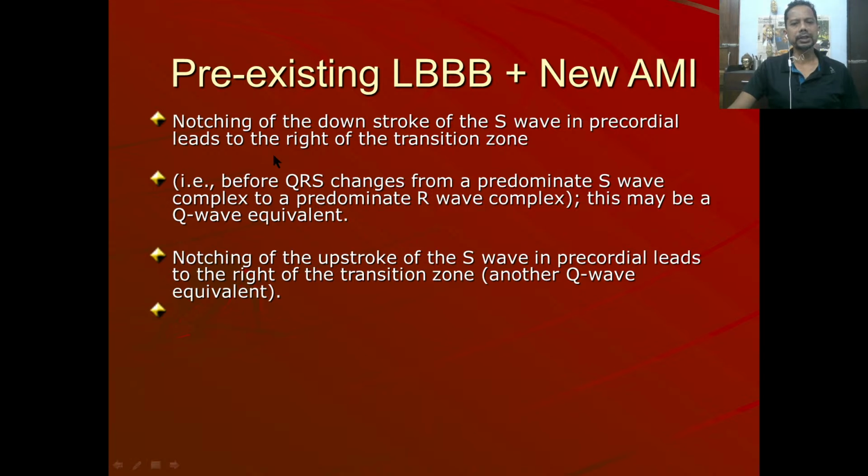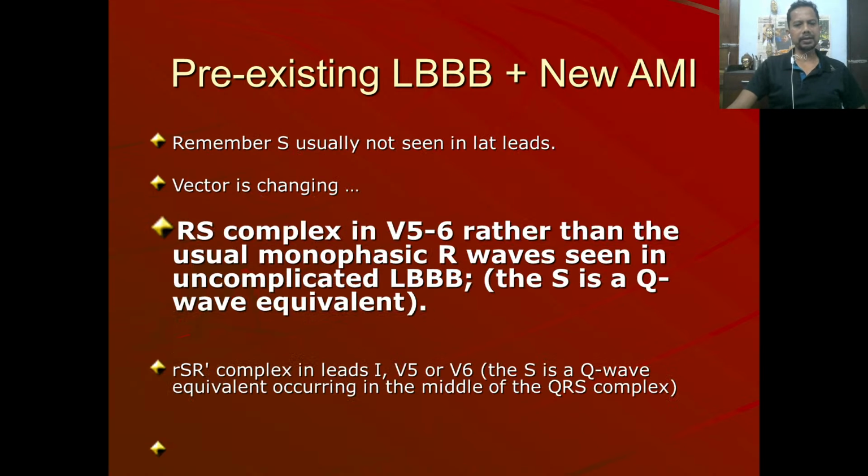So there can be notching on the downstroke of the S wave, on the upstroke of the S wave, which are Q wave equivalents. Okay. And this is very important. Also remember that S is usually not seen in the lateral leads. Now the vector is changing.